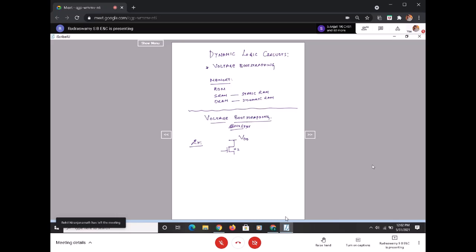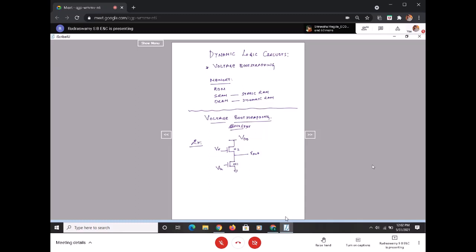I have two NMOS transistors named M1 and M2. For the M1 gate, I'm applying the input, and the source is grounded. Between M2 and M1, I'm taking V out. And the gate of M2, I'm naming it Vx. Now this is a simple inverter.